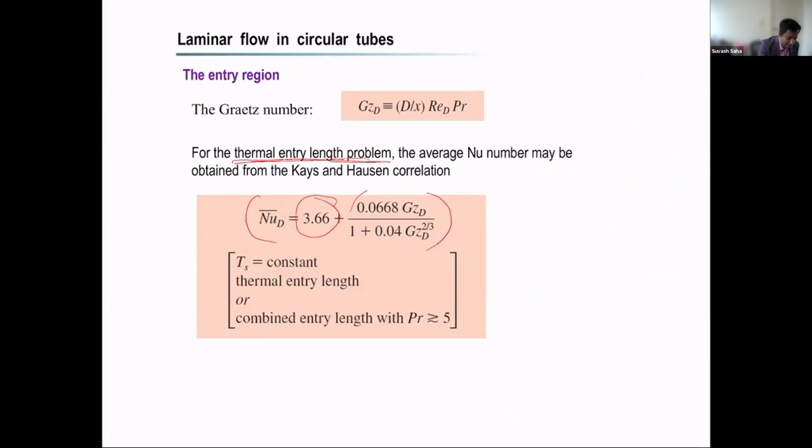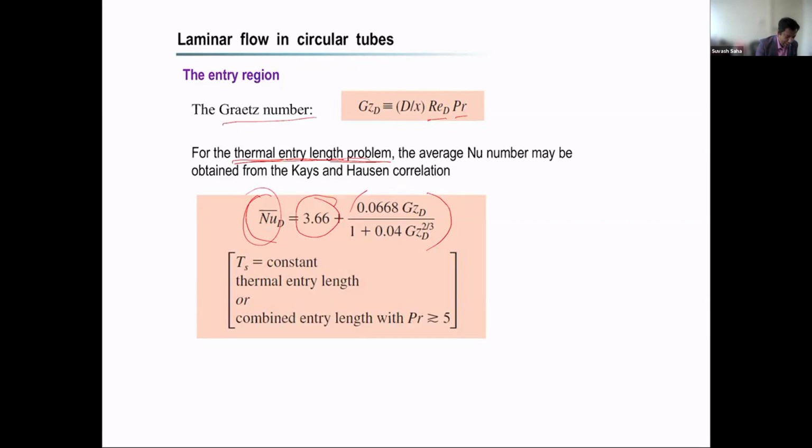So this Gz D, that's called the Graetz number, which is D by X Re Pr. So Reynolds number times Prandtl number times the diameter divided by the length where you are calculating. If you know where you are calculating, you put the value X in there. Then with this correlation, you can easily calculate the average Nusselt number.